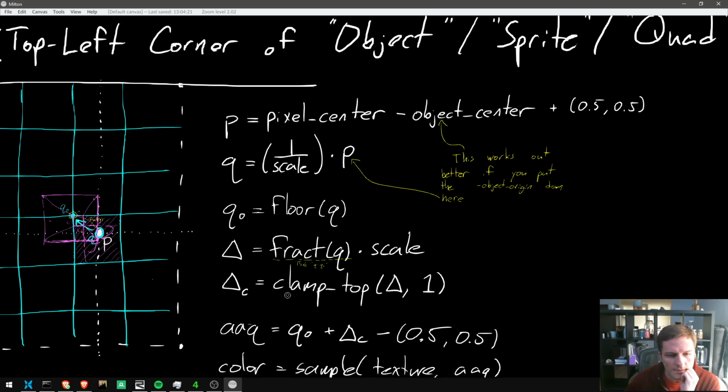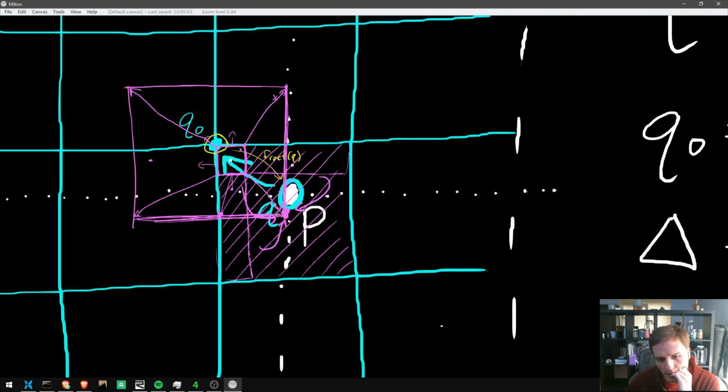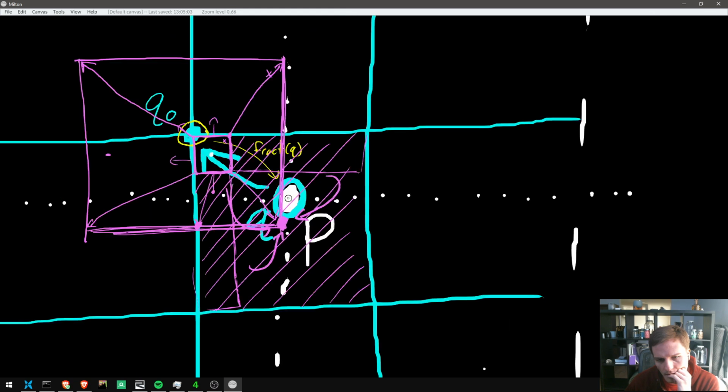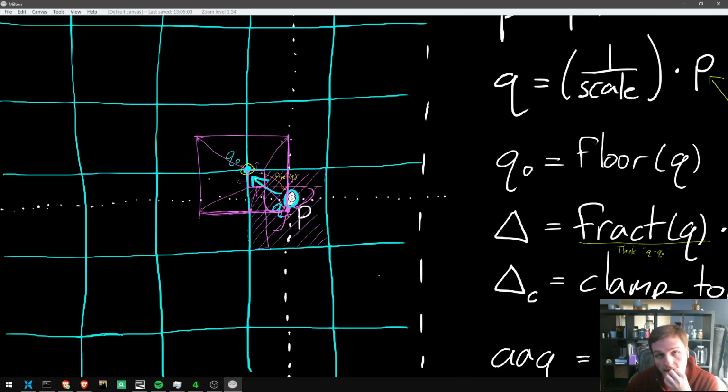The one thing I'm stumped by is the way this worked before. I would get a P, I'd get a pixel center, make a P, which was look at the bottom right of the pixel before mapping it into texel space.